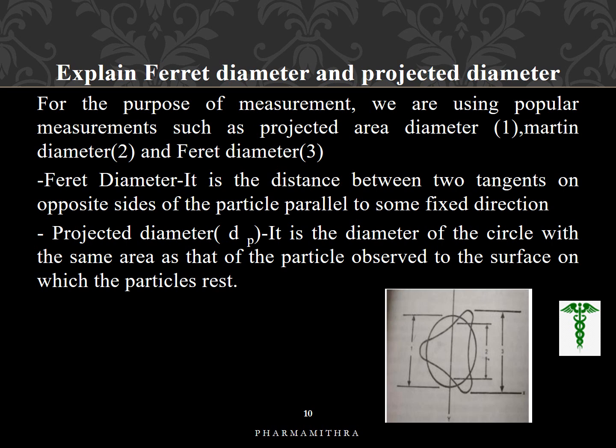Feret diameter means the distance between two tangents on opposite sides of the particle, parallel to some fixed direction, whereas projected diameter we represent by dp. It is the diameter of the circle with the same area as that of the particle observed, resting on the surface. So Feret is the distance between two tangents, whereas projected is the diameter of the circle with the same area as the particle.